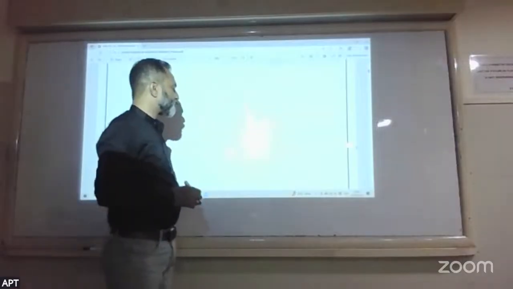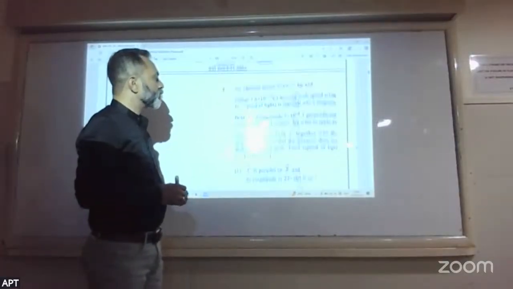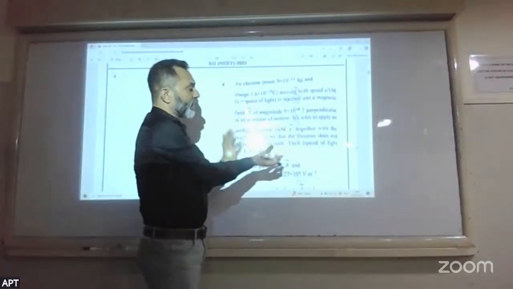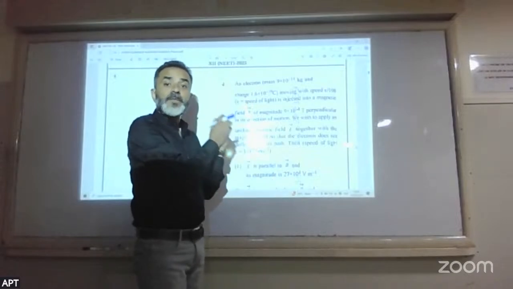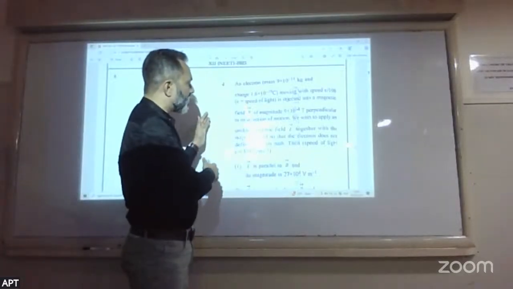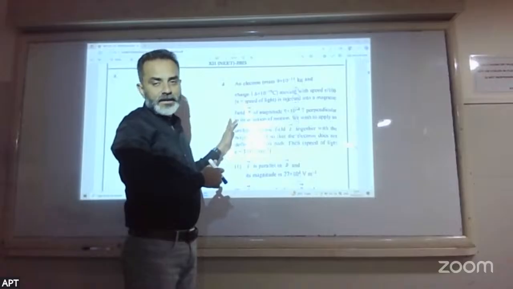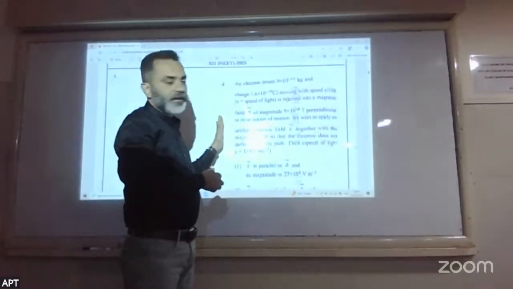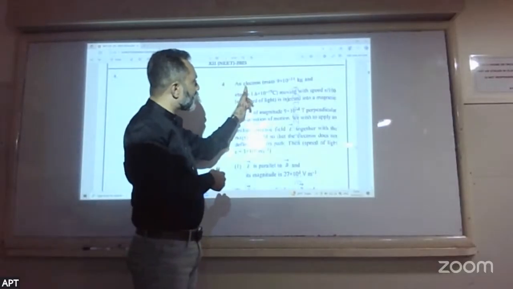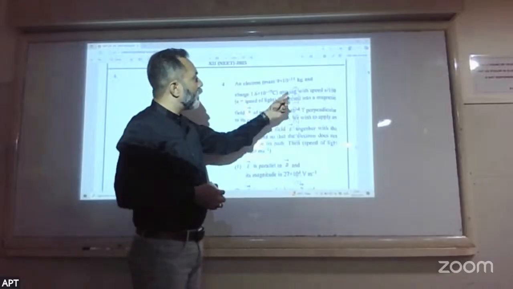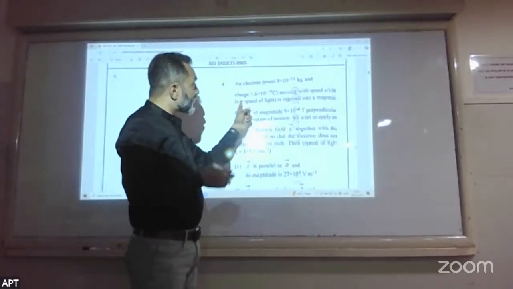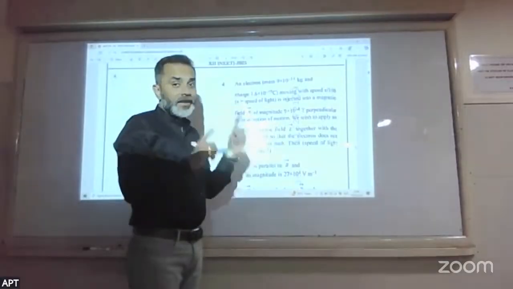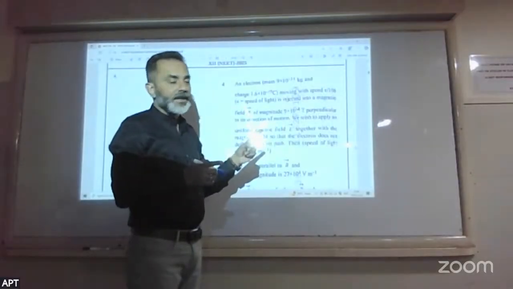Next. Question number 4. Again, the question seems to be very lengthy and difficult, but this is a very simple question from the magnetic effect of electric current. The question is: an electron of given mass and charge is moving with a speed of c by 100, where c is 3 into 10 raised to 8.